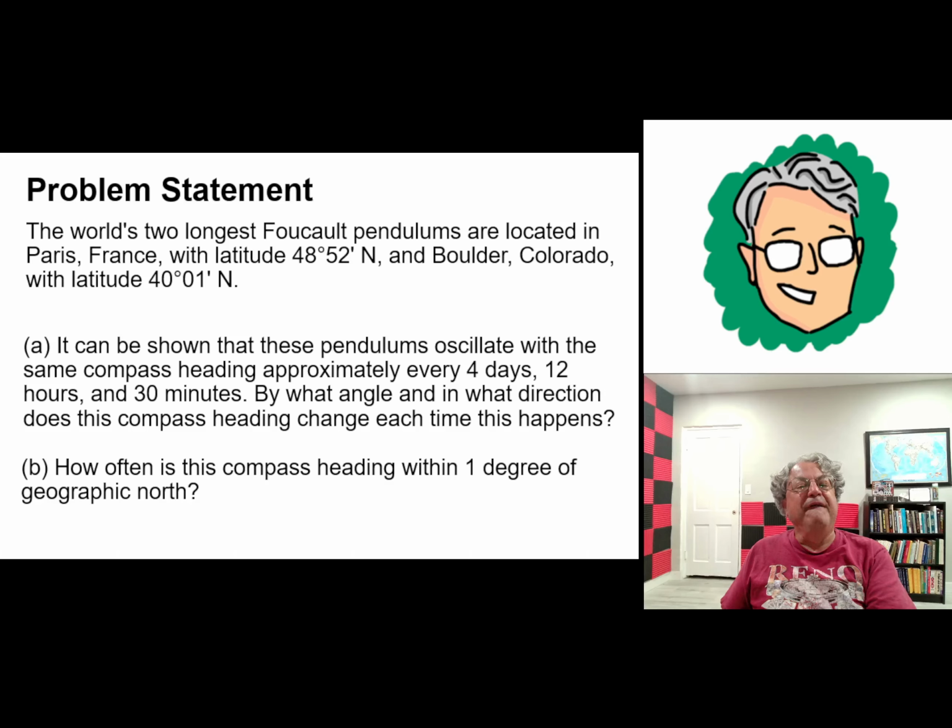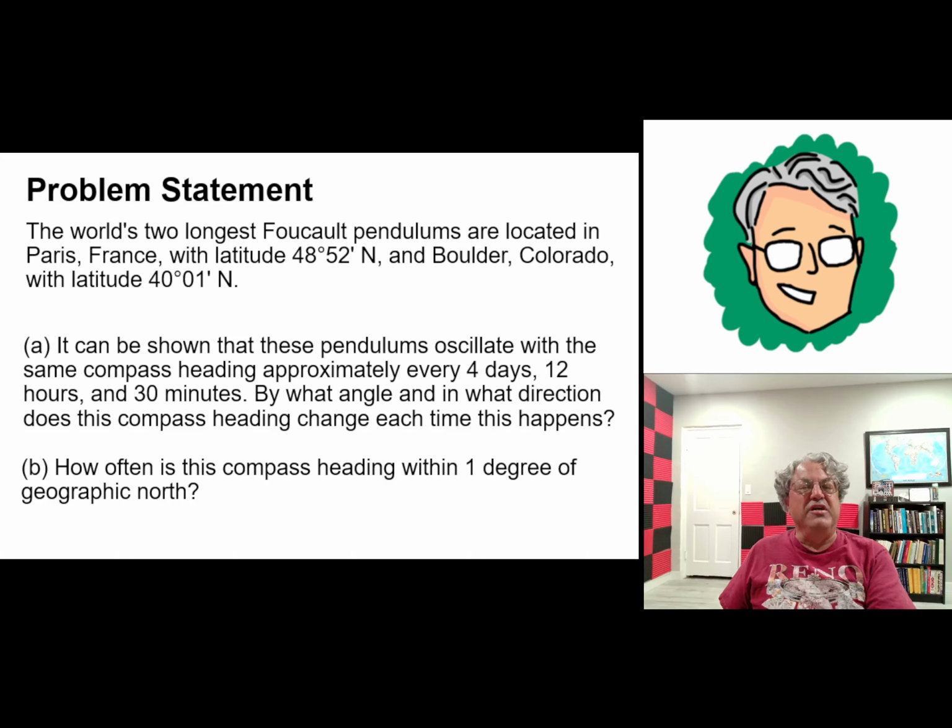So that's part A. And then part B, I'm asking for, since the heading's changing, and presumably it's changing by an irrational multiple of 360 degrees, or 180 degrees, what that's going to mean is that at some time or other, both of their agreed headings are both going to be within 1 degree of geographic north, or any interval, no matter how small, of geographic north.